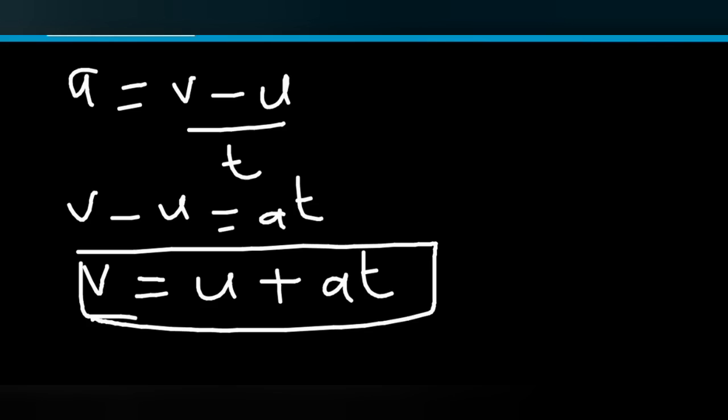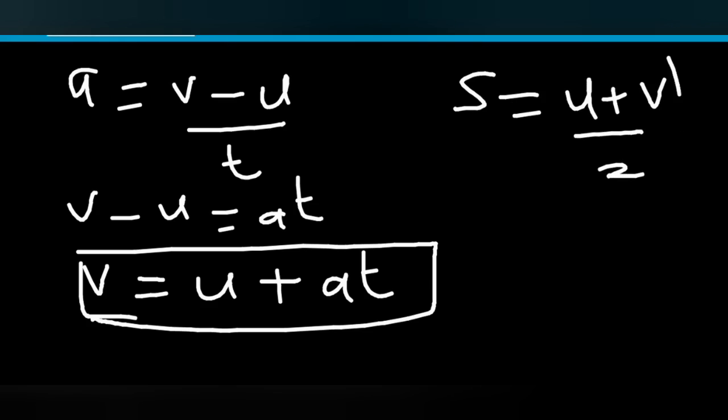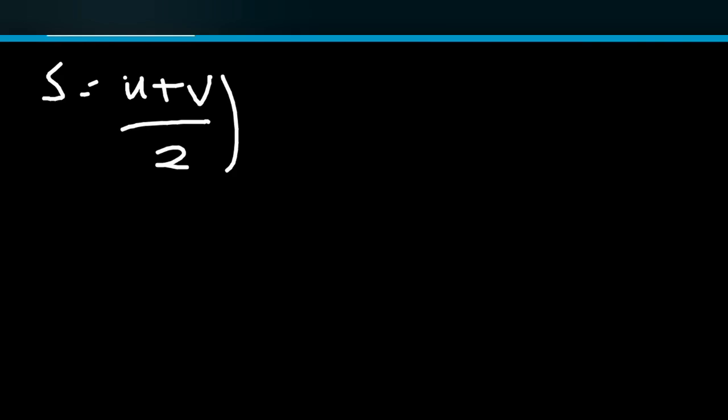As a recap, s equals (u plus v) divided by 2 multiplied by t was the first equation we derived, and now we have that v equals u plus at.